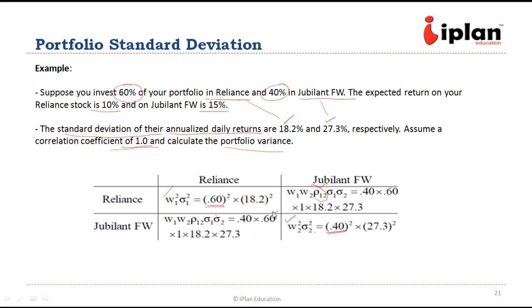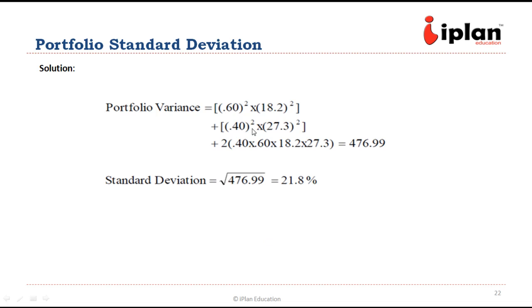We have put in all the values W1, W2, rho, which is 1, sigma 1, sigma 2, and finally the summation of all these four values will be our portfolio variance. So let us calculate it. The portfolio variance comes out to be 476.99 and the standard deviation, which is the square root of variance, is 21.8%.